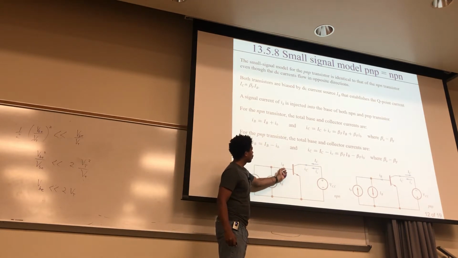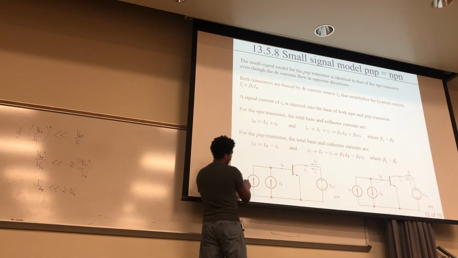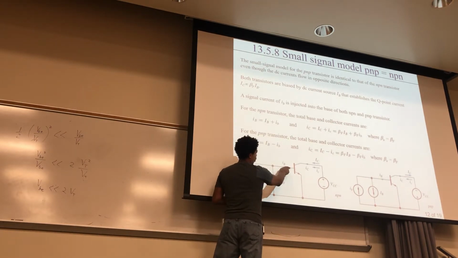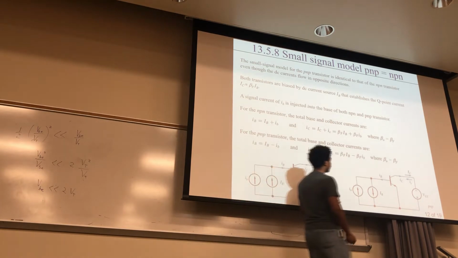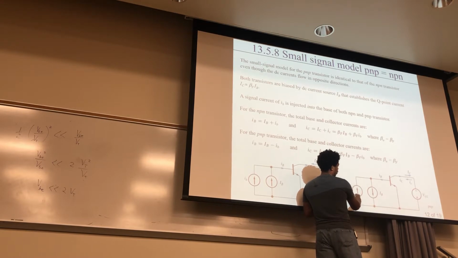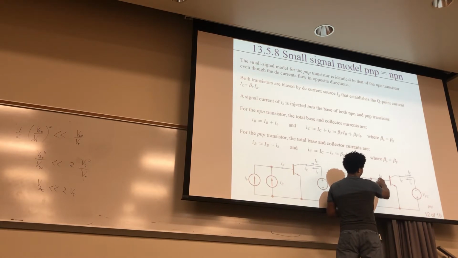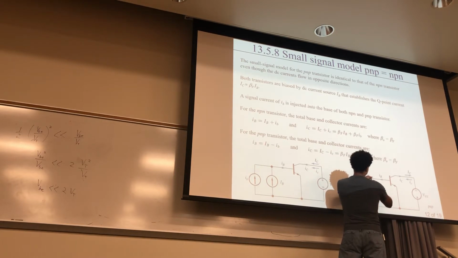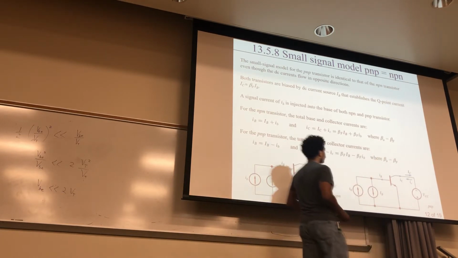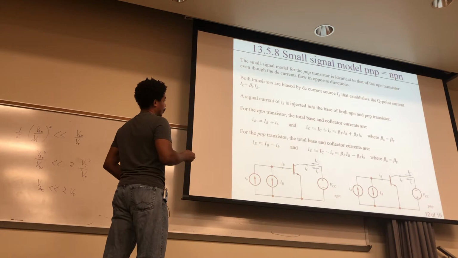And this is the total current, IB in capital letters, which has both the DC component and the AC component added together, all coming into the base. Over here, the DC is going the opposite direction, but the small signal ib is going into the base right here. So the total current has components of both this one coming this direction and this one going this direction, all into the base. So that's this ib being injected into the base for both.